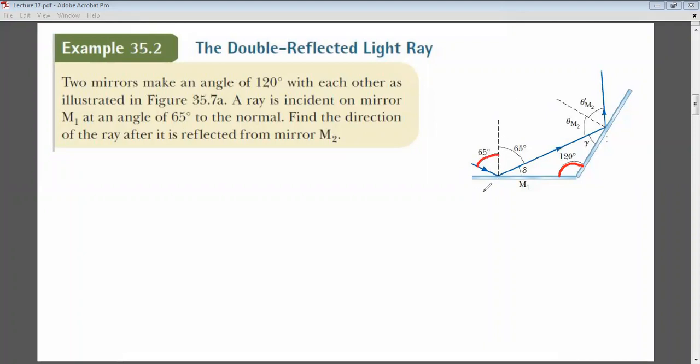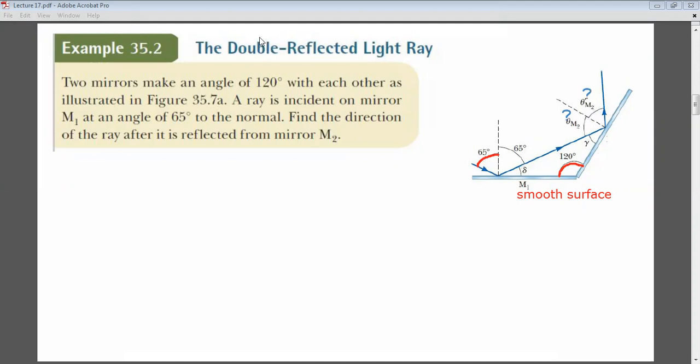The mirror is a smooth surface, one example of a smooth surface. Find the direction of the ray after it is reflected from mirror 2. So what we need to find is this angle over here, theta mirror 2 and theta prime. Of course, these two angles are equal to each other, and we need to find their value.